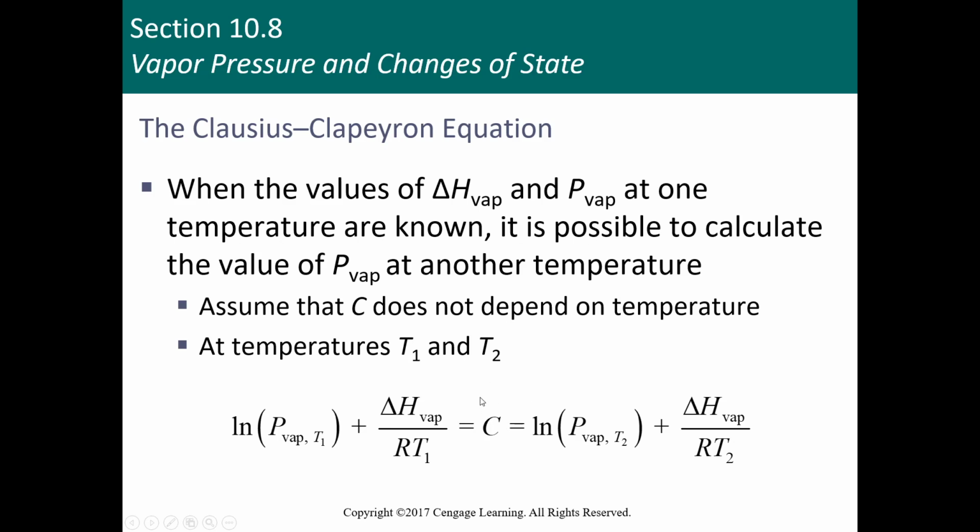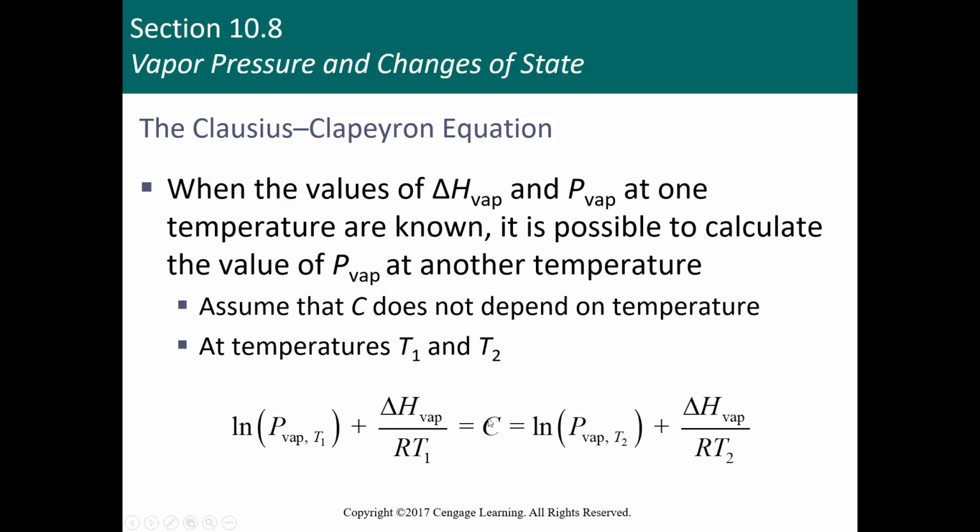So what we can do then is each of these had that plus C. So we add over this delta H that had the 1 over T next to it. Remember that? That's this right here, to the natural log of the P vaporization for one temperature.